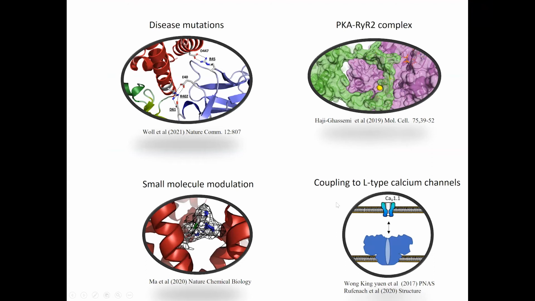And also a very interesting question, which is how ryanodine receptors couple mechanically to voltage-gated calcium channels in skeletal muscle. Now, in the interest of time, I'm only going to spend some time here on these top two topics, particularly disease-causing mutations in the ryanodine receptor and the regulation by kinases.